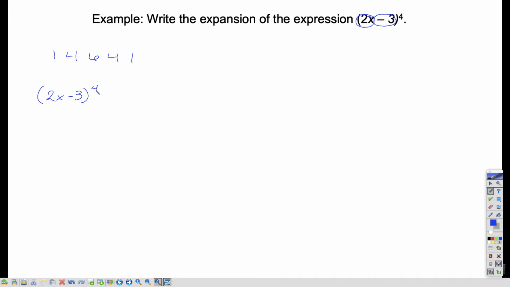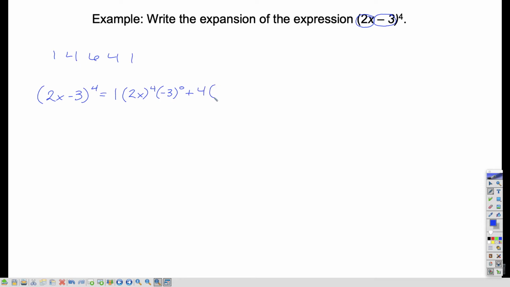Okay, my coefficient is what? 1. Parenthesis, 2x to the 4th. Parenthesis, -3 to the 0. Plus, I want you to see the pattern. That's why I'm putting the zeros there. Got it? Okay, what's my next coefficient? 4.